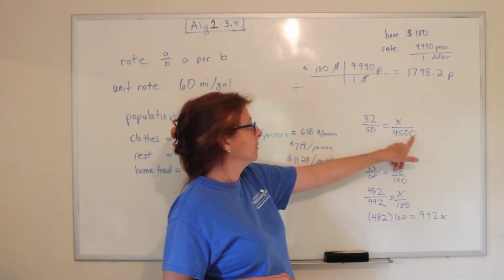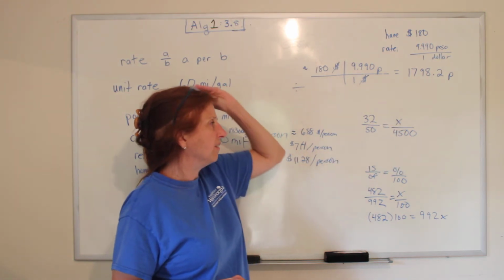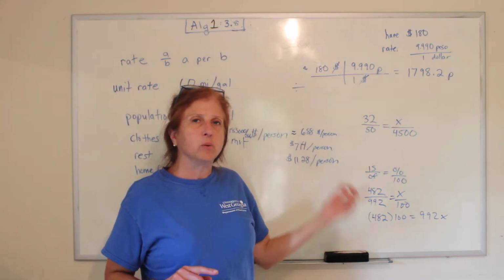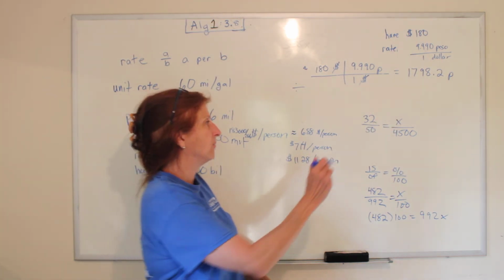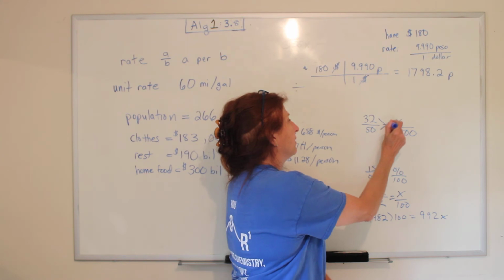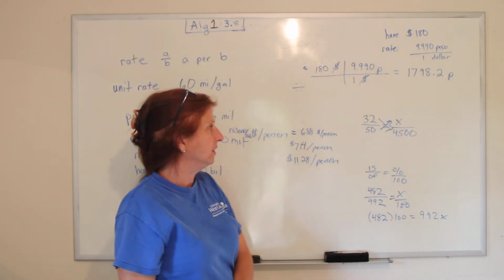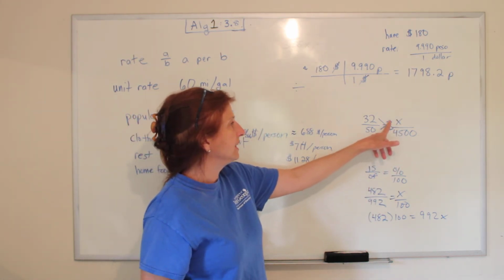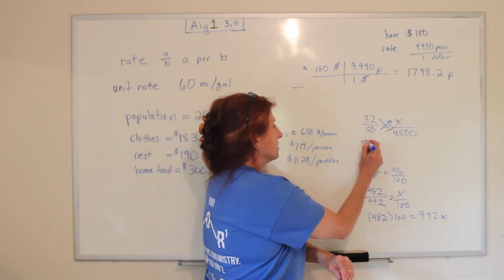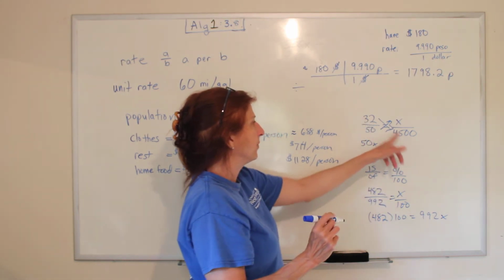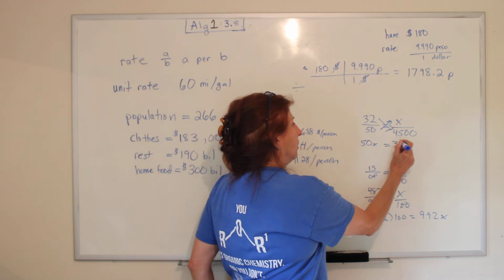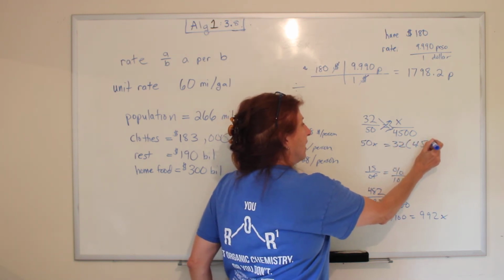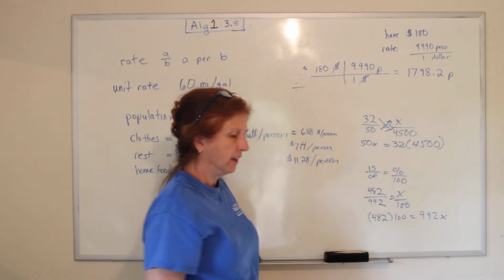So how many would be resistant out of 4,500? These are two rates we've set equal. We're going to cross multiply and solve for x. The first step I do is draw my cross to remind me what to do. And I'm going to do 50 times x on one side, and 32 times 4,500 on the other side.